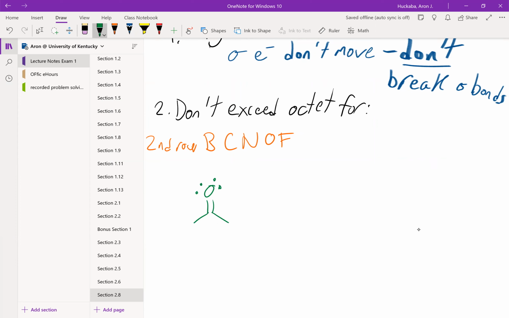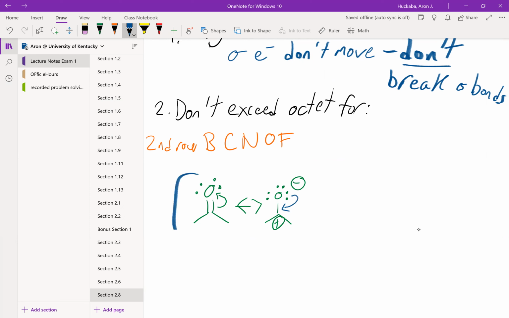A good resonance arrow starts either at a bond and goes to an atom like this, giving you this type of form, or, for instance, it goes from an atom to a bond to go back the other way.